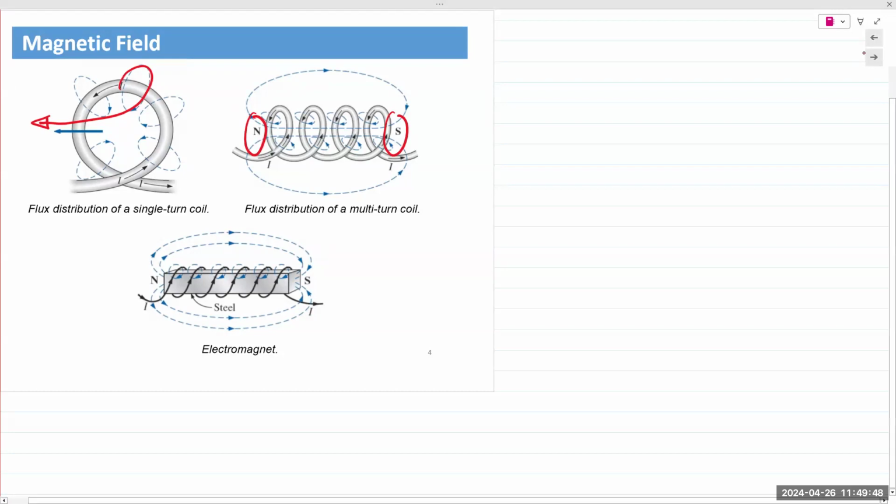So magnetic material is one through which you can easily establish a magnetic flux line. Some materials are magnetic, some are not, right? So if you push a magnetic material through the center of that coil, the strength of the magnetic field is enhanced and becomes stronger. And that is also the working principle of an electromagnet.